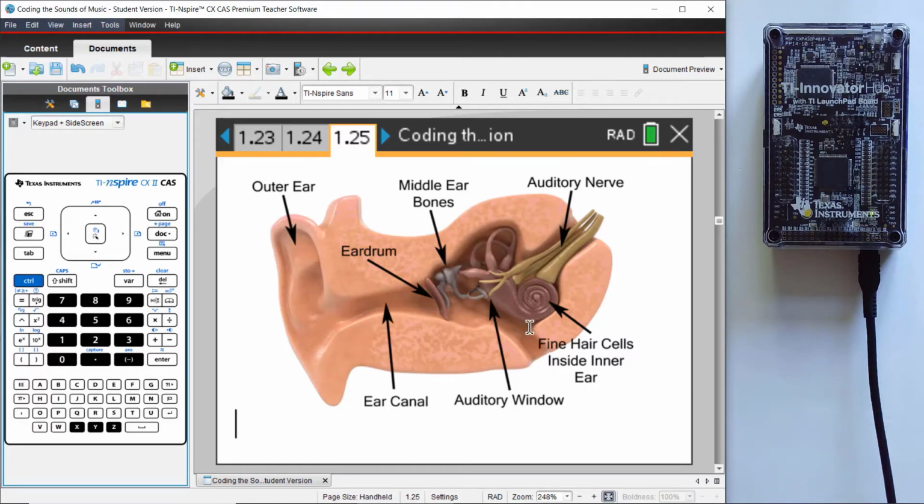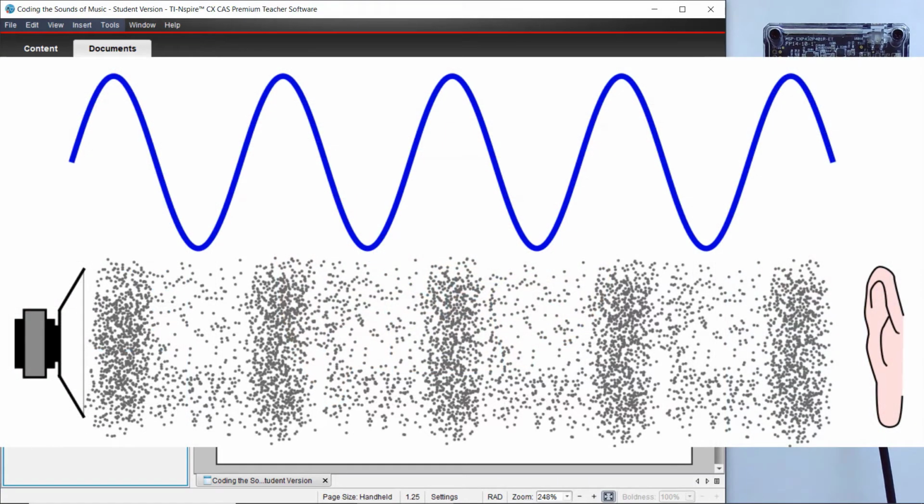Inside of your ear, there are a number of organs that we're going to talk about. But before we do, let's remind ourselves of what sound is. Remember in the previous video, we talked about sound being vibrations that move through air that push and pull on the molecules that make up that air. And when the molecules are crowded close together, that can be described as a high pressure air.